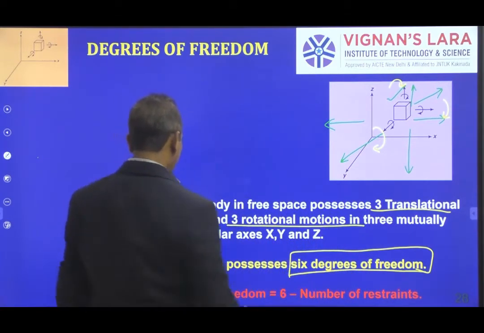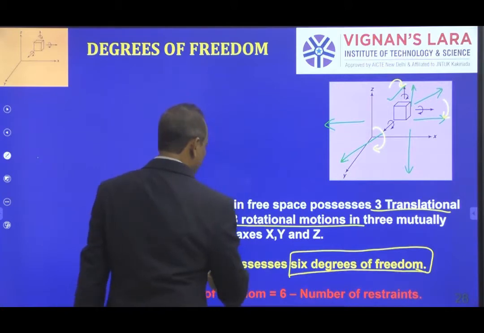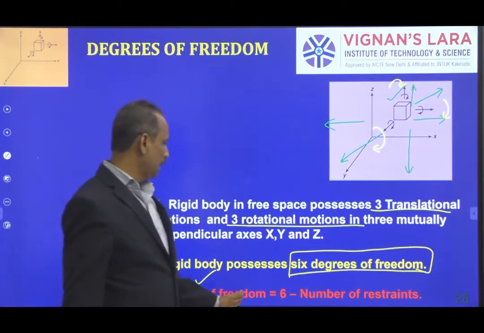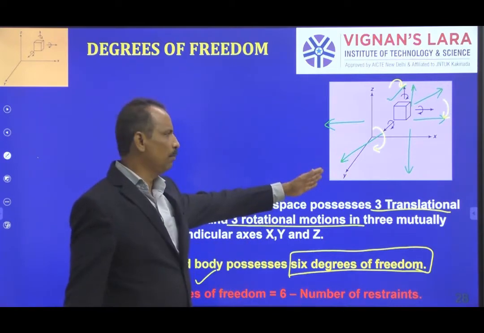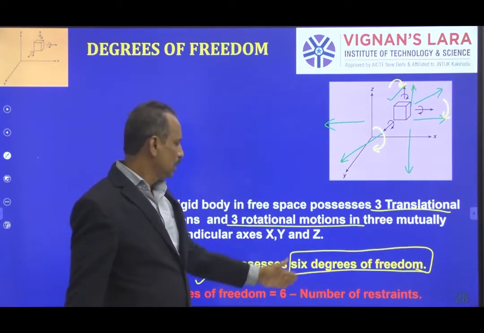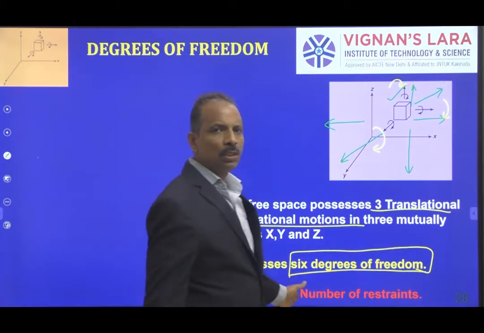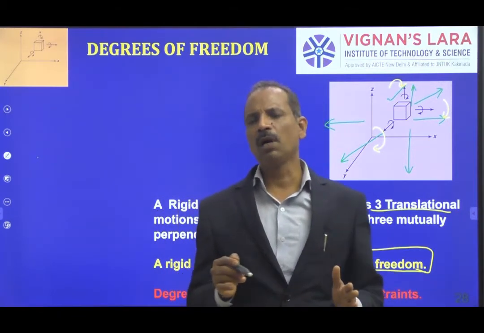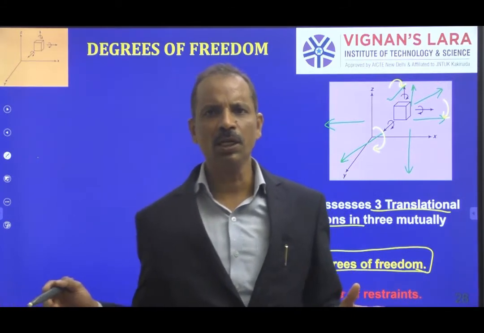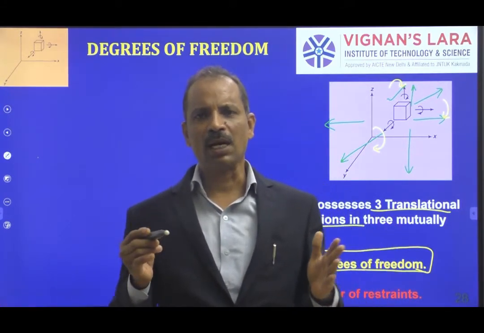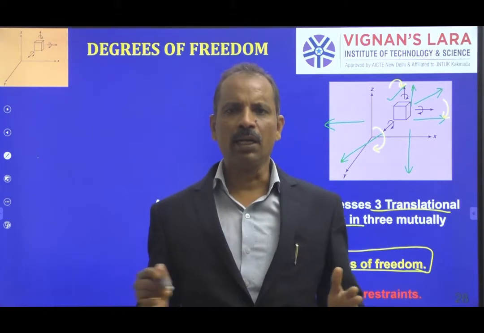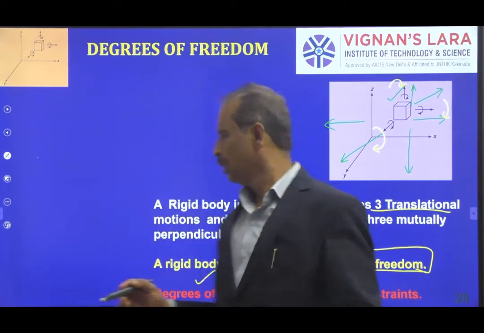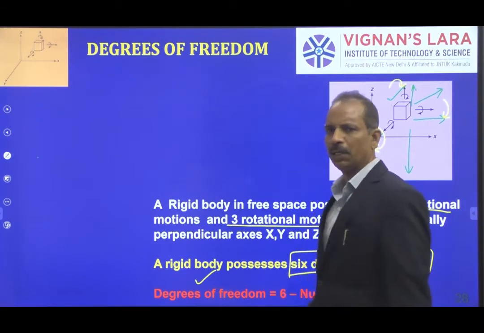So in that case, the degrees of freedom can simply be written as, if you constrain some number of motions, then degrees of freedom is equal to 6 minus the number of restraints. That means if you arrest motion in the x, y or z direction, then however many translational motions you arrest, that number you can incorporate.